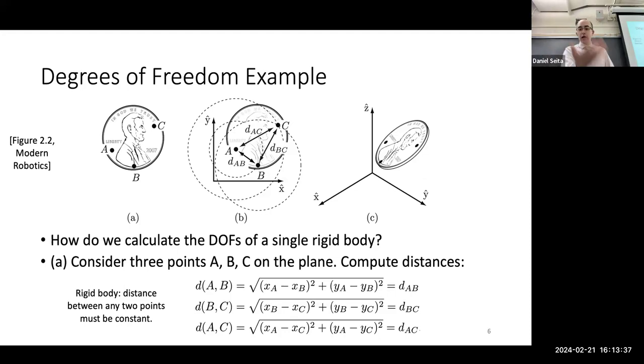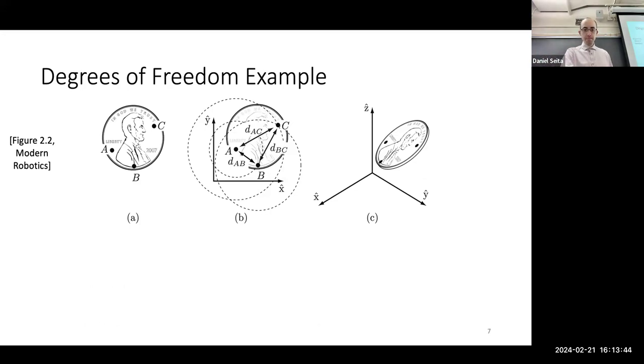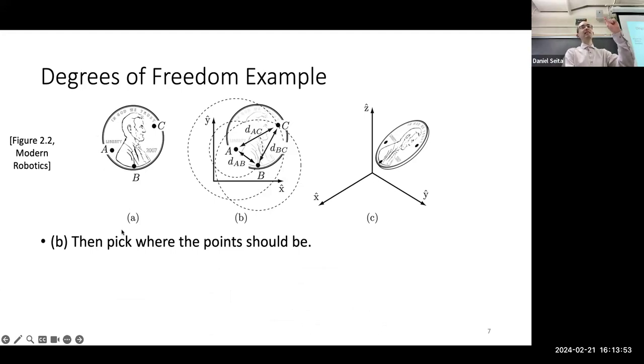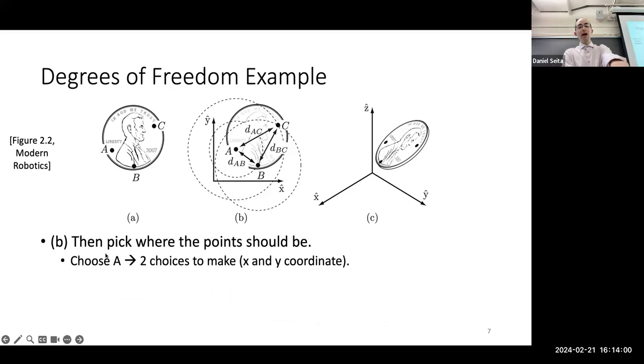So starting from this, in order to calculate the degrees of freedom, here's how we can do this. We've already identified the points, but we should start by specifying where they should be. When we have to choose where point A is located, because we have no real constraint, there's two numbers that we have to specify, the x coordinate and the y coordinate.